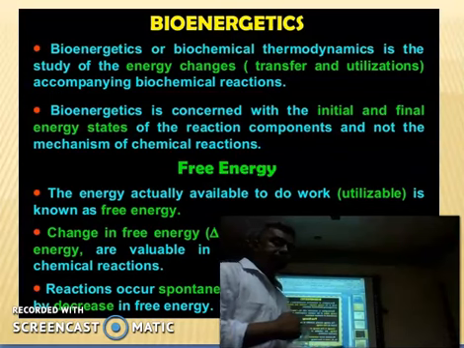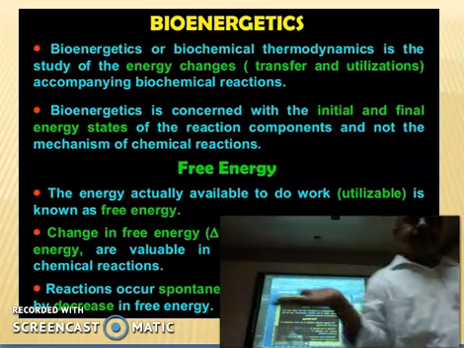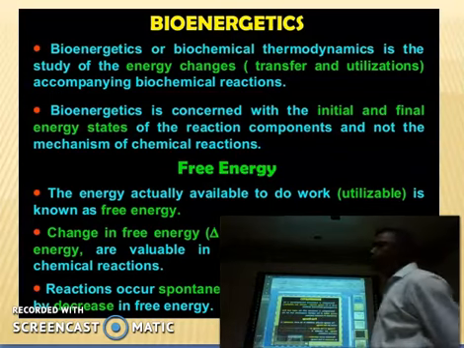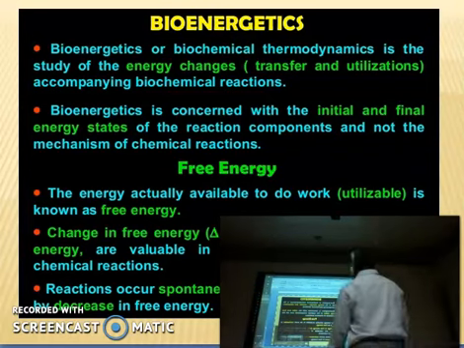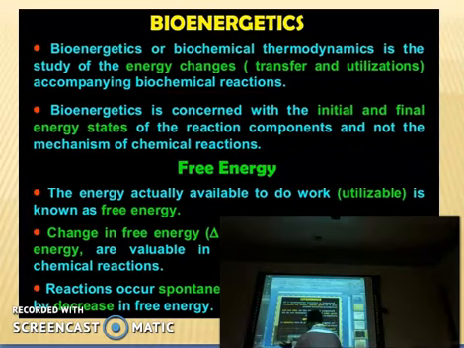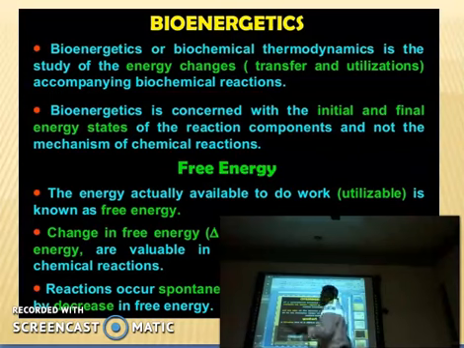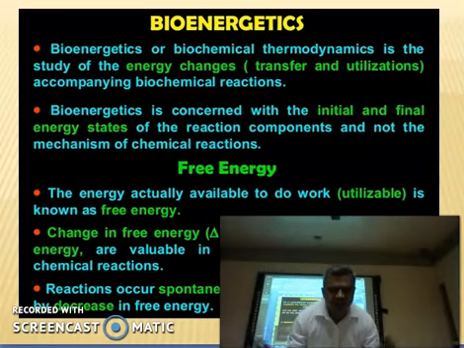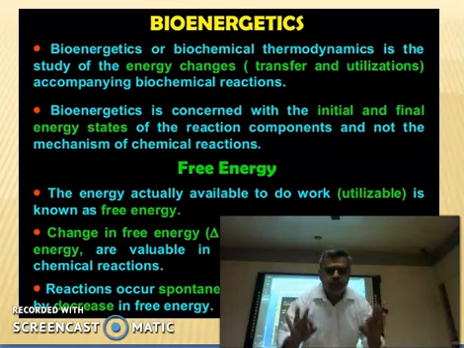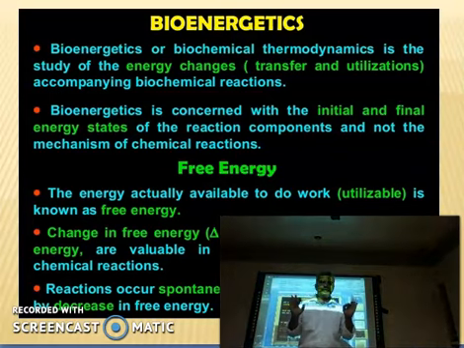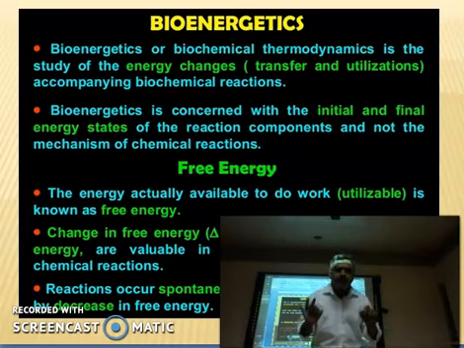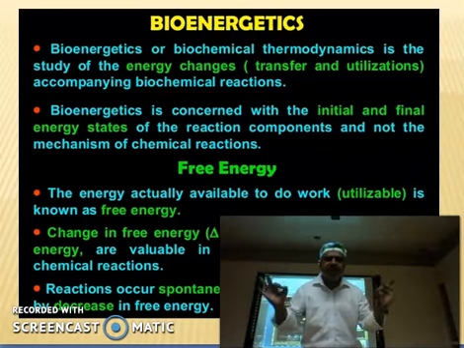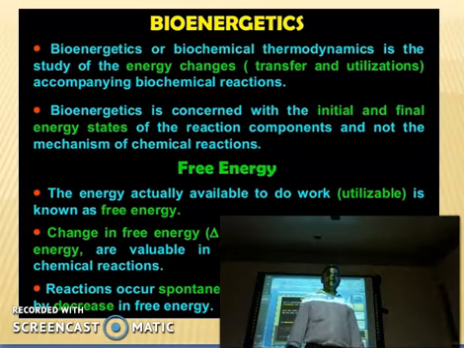Okay, so the energy actually available to do work, utilizable, is known as free energy. Energy actually available to do work, that is utilizable, is known as free energy. And the change in the free energy, delta G, also known as Gibbs free energy, is valuable in predicting the feasibility of the chemical reaction.